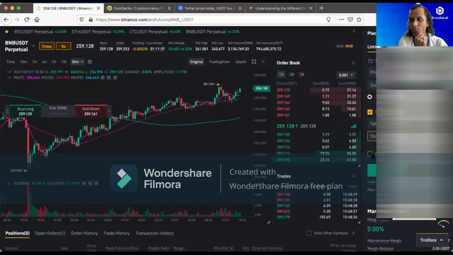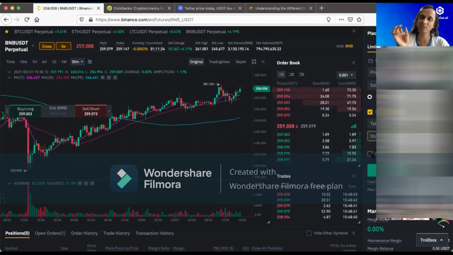Imagine you're trading too much on the same pair. If you have 10 contracts right now, and you have clicked this reduce only, when you are selling, it will sell only those 10 contracts. Because in futures trading, you can sell more, since the system thinks you are shorting.